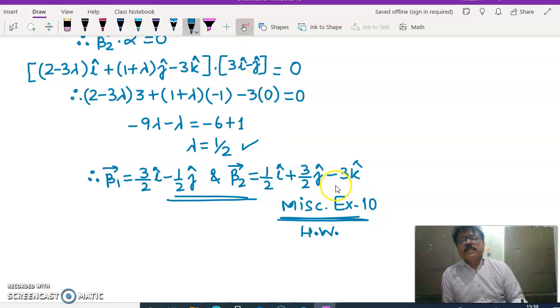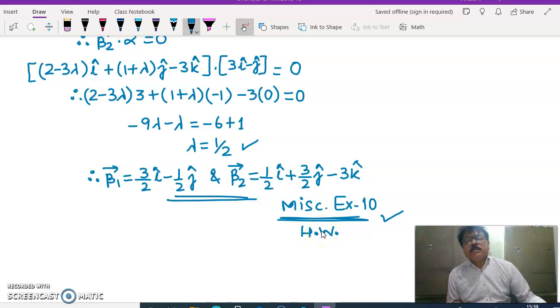So students, we have covered the chapter vector algebra over here. You can do miscellaneous exercise 10 also and ask me for the queries. Queries are most welcome. Solve them, do these things. You will be able to solve these exercises.